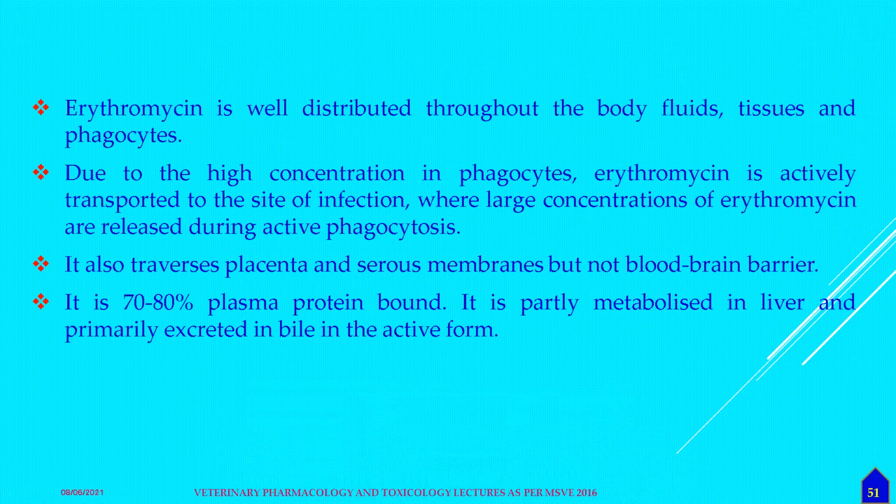That is the advantage of this drug, where a large concentration of erythromycin is released during active phagocytosis. So we need not depend upon the blood constituents to reach the site of action, because the macrophages and phagocytes reach the site of inflammation or the bacteria where it is present. They carry the drug, and hence it's an advantage.